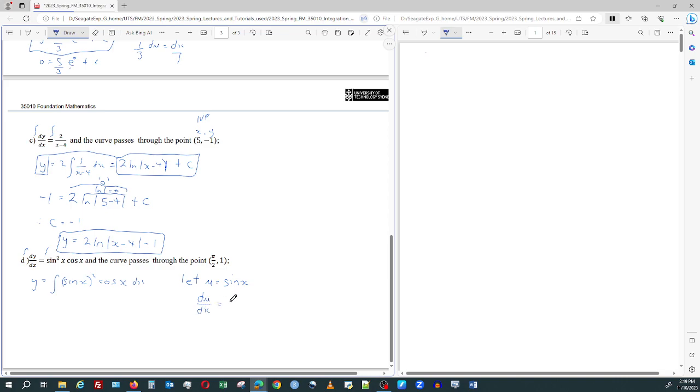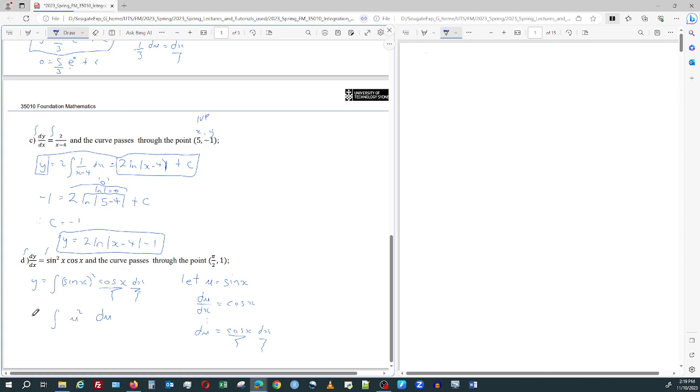The differential of sine is cos. Now rearranging, multiplying by dx, du will be equal to cos x dx. Are you there? Yep. Are you there? Yep. Gone. Replaced by du.